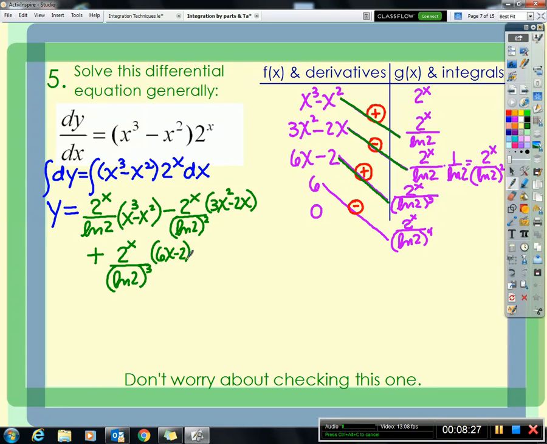So last but not least, I need to subtract 2 to the x over ln of 2, my bad, to the fourth times 6. And then I'm going to say plus c. So there's my general solution for the differential equation.